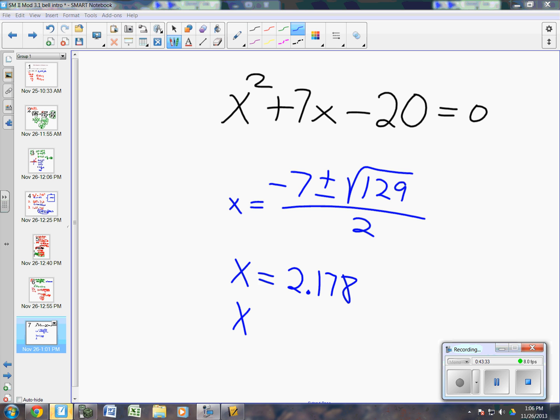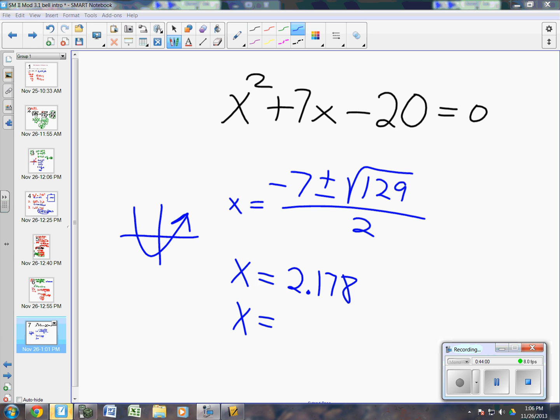Okay, and let's find the other one. Go negative 7 minus the square root of 129 divided by 2. If you guys are going to put it all in your calculator at once, you've got to put parentheses around the negative 7 minus square root of 129. Okay, what else? No, they're both x's. You're going to have two x-intercepts. It's a parabola, right?